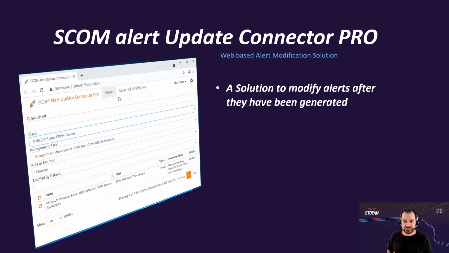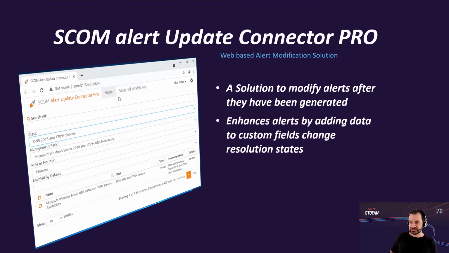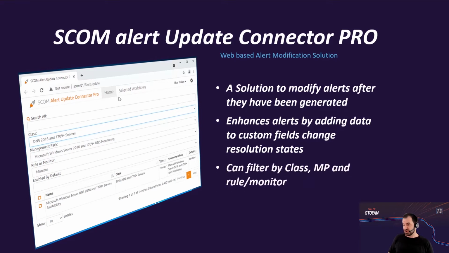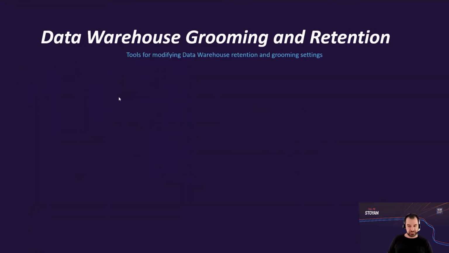It gives you the possibility to enhance alerts by adding some additional data settings or changing their resolution states. And of course, you can filter by class, by management pack name, and by rule or monitor within the tool. It's a great way of enhancing alerts, so test it out, and if you ever need it, just try it out. It will save you some time.